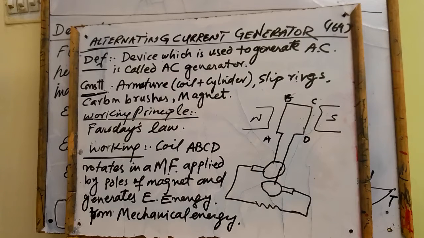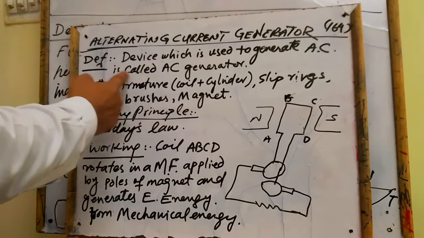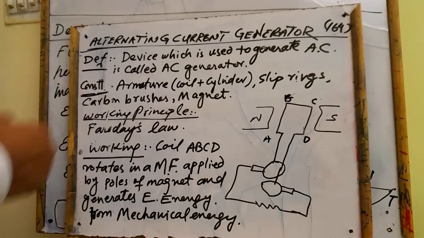So the device which converts mechanical energy into electrical energy, or simply the device which is used to generate alternating current, is called an AC generator.